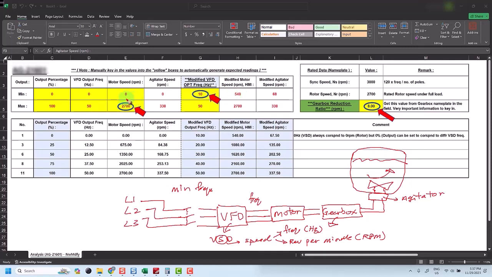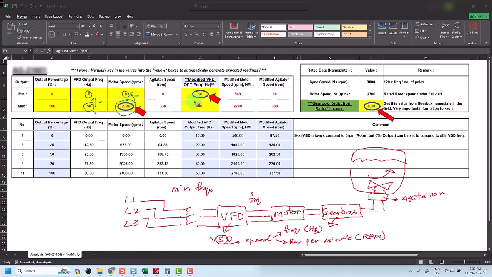How we get this is very simple. As we know, 50 minus 0 is proportional to 2700 RPM minus minimum RPM.